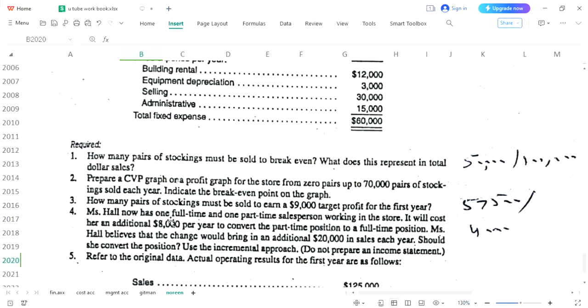Miss Hall has one full-time and one part-time salesperson working in the store. It will cost her an additional 8,000 per year to convert a part-time position to a full-time one. So why would an owner turn a part-time employee into a permanent employee?